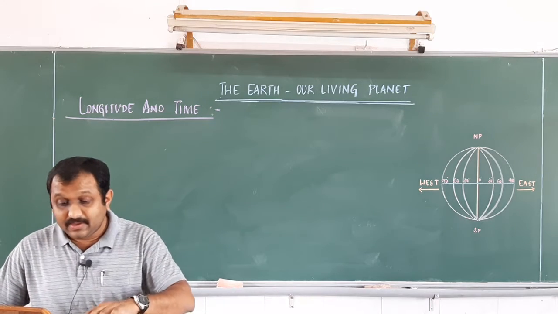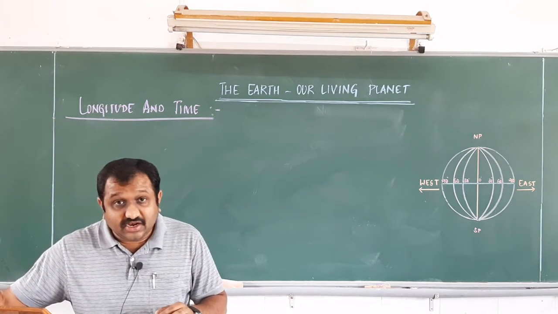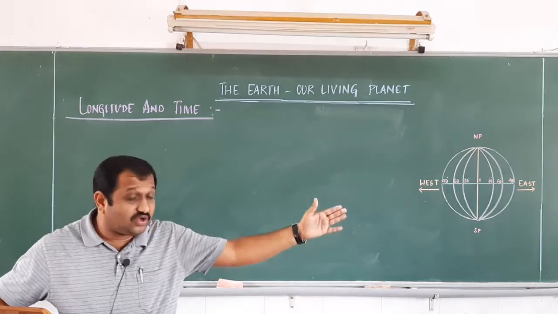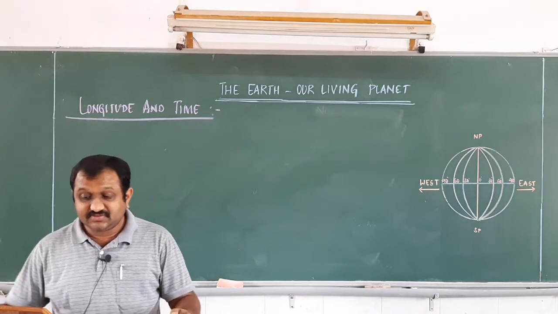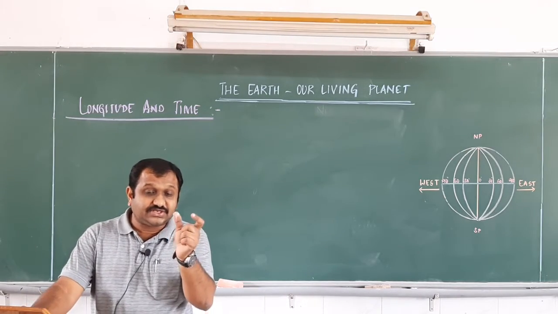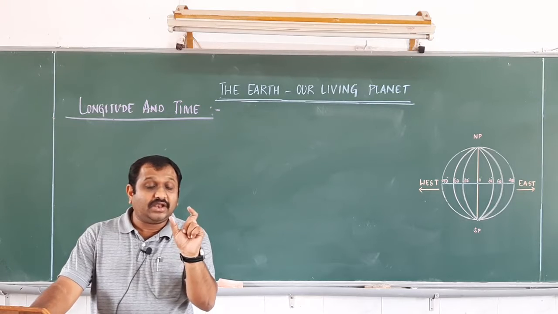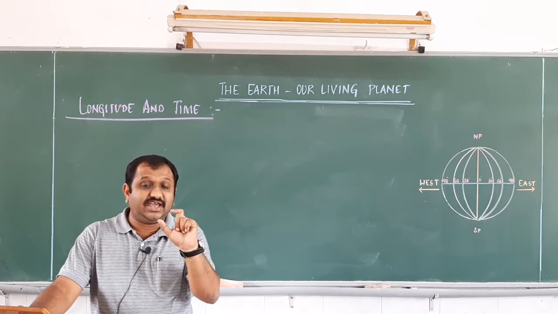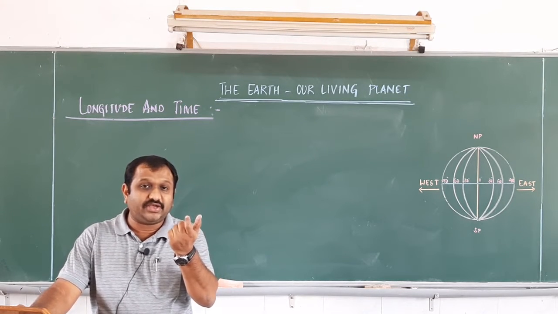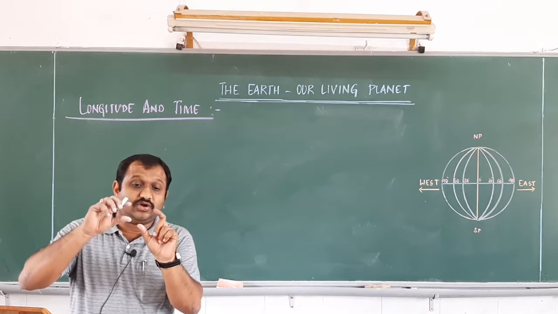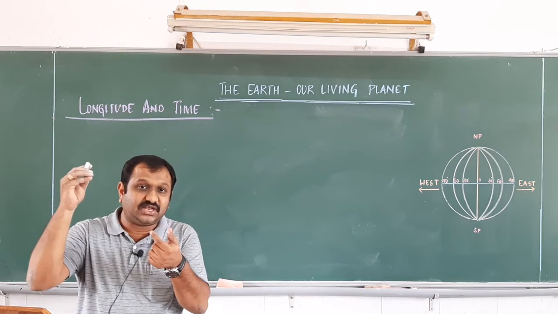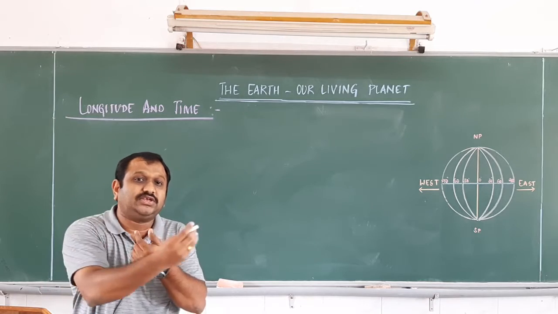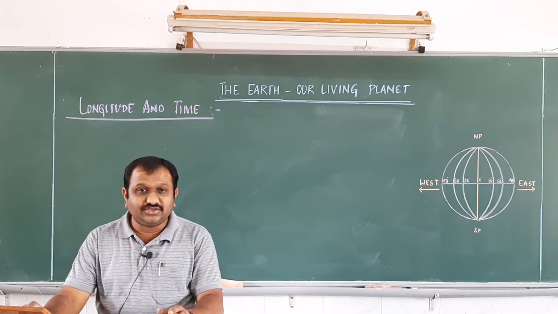As I told you, there are 360 longitudes on the globe, isn't it? The earth rotates on its own axis and it takes 24 hours for one rotation, and in order to complete a day, the sun rays touch all 360 longitudes.